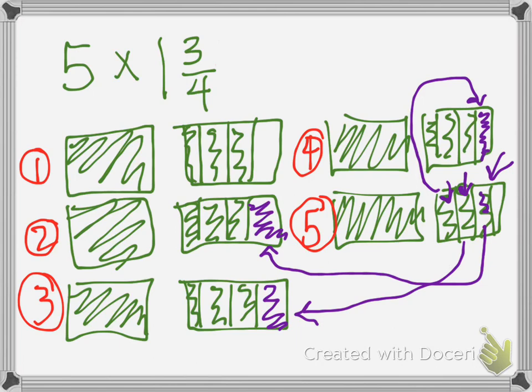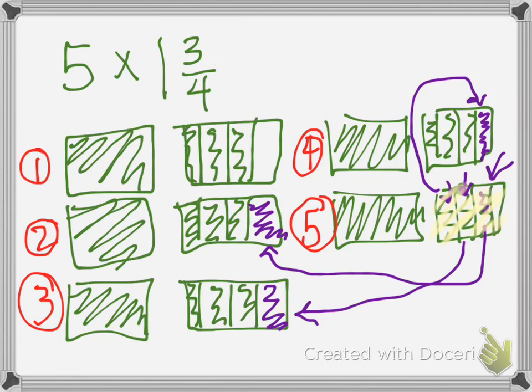Okay. So this box right here that I have with number 5, I'm going to highlight it because it's no longer there. It's gone because I took 1/4, 2/4, 3/4 from that number and put them in with the partials in the other group. Now I can total up how many wholes I have.